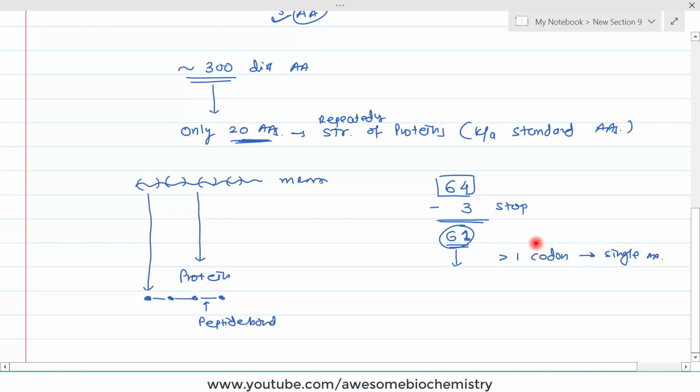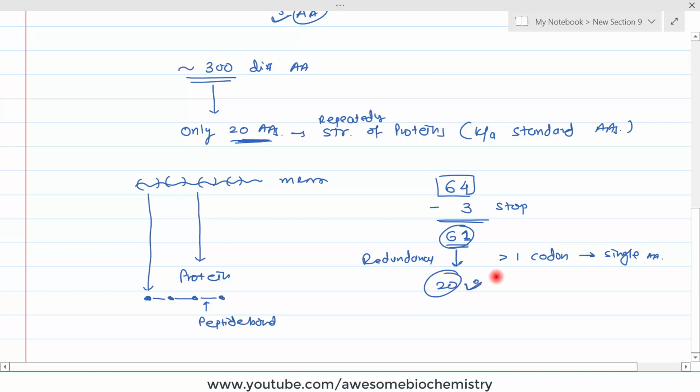For example, sometimes there are 3 or 4 different codons which code for only one amino acid. Because of this redundancy, only 20 amino acids can occur in the structure of protein.